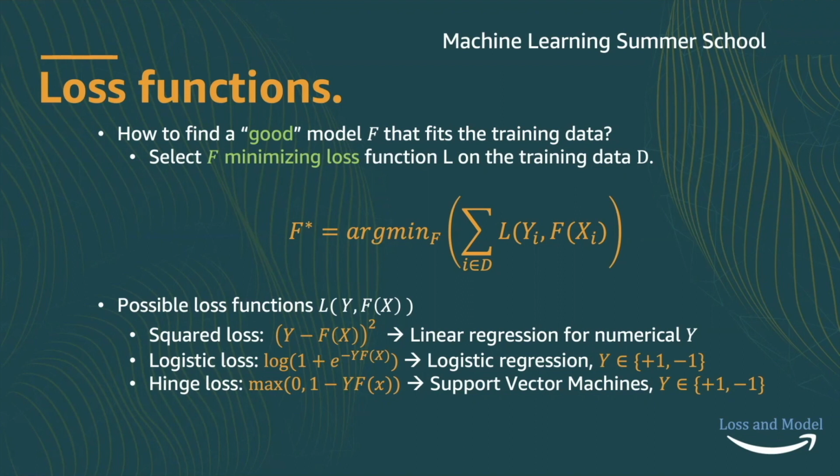Let's call that a function F, and F of X is the prediction that you are making for that particular input, of which the true value is Y. So F of X is an estimate that you are making of Y. The true value, for example, in a regression, could be 33.